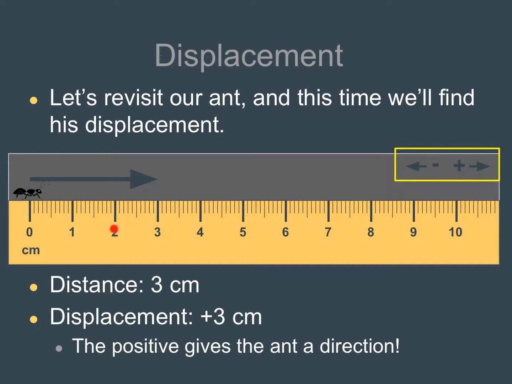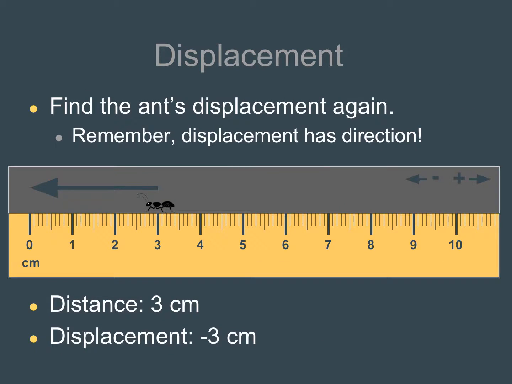So if he starts at 0 and goes away, that's positive. If he starts away from 0 and goes back, that's negative. In this case, they're both the same. Now in our second example, when he started at 3 and went backwards, he still went 3 centimeters, but his displacement was 3 centimeters in the negative direction, or negative 3 centimeters.